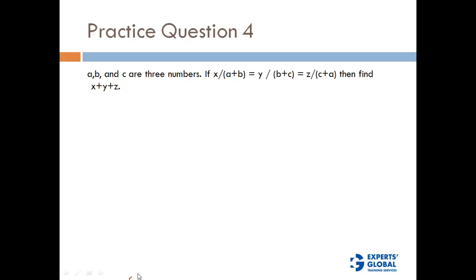Okay, let's look at this. We have x divided by a plus b is equal to y divided by b plus c is equal to z divided by c plus a. And because the ratio of all these things is common, let's call it k as a constant, because the ratio is going to be constant, right? So all these things are equated to k.